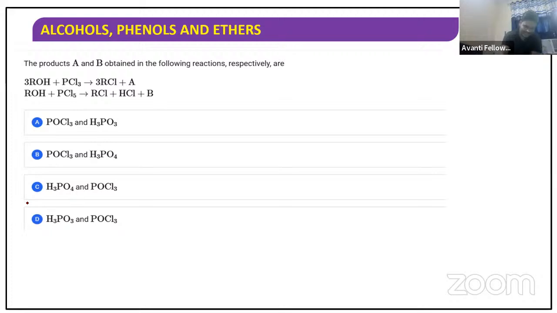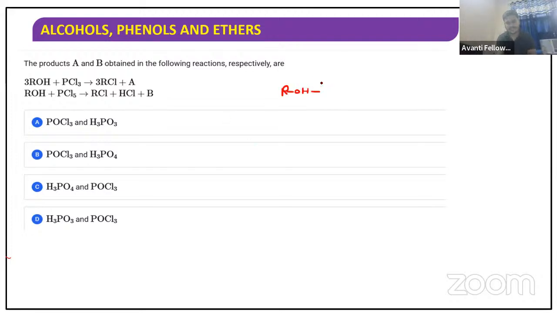Okay. So the next question is: the products A and B obtained in the following reaction respectively are. ठीक है. So again, this is the same question just like the previous one. We know when alcohol is treated with PCl5, this you need to remember, beta.